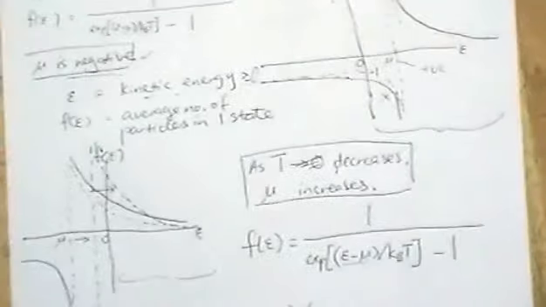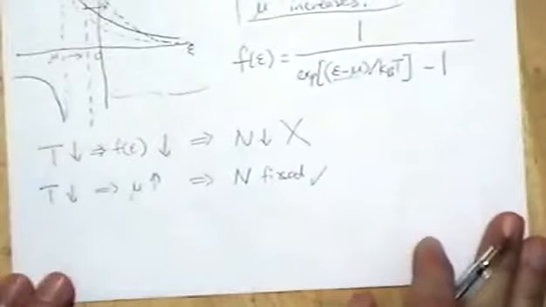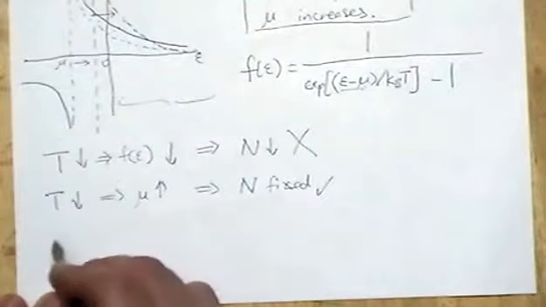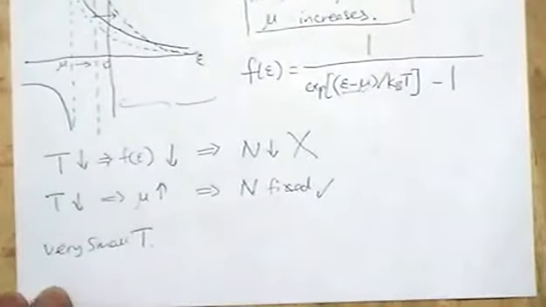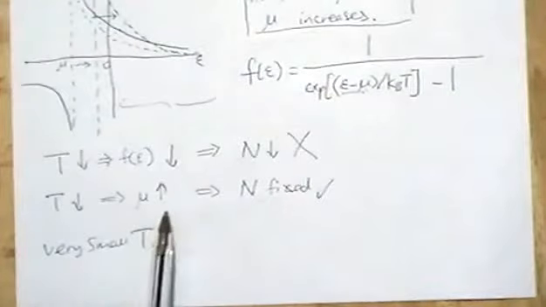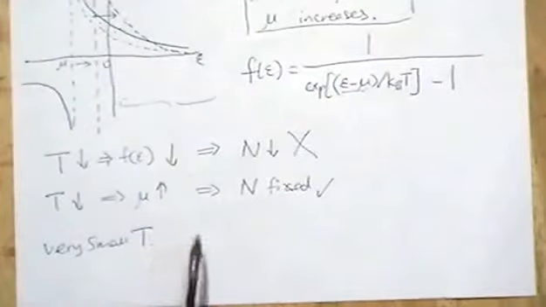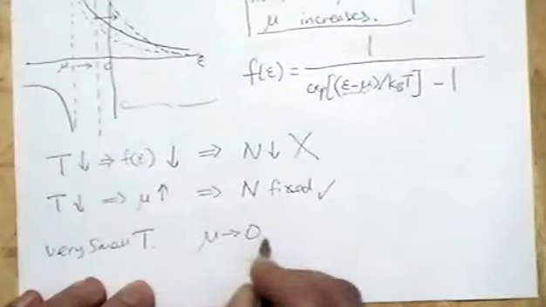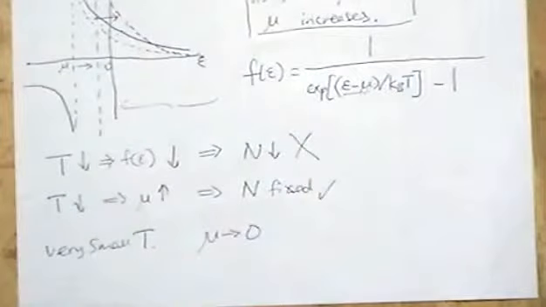Okay, now that we have seen this possibility, the next thing we want to do is to consider the case when the temperature becomes really small. Since we know now that mu moves towards zero, we might expect that as temperature gets very small, mu gets really close to zero. So close that perhaps mu can be neglected.